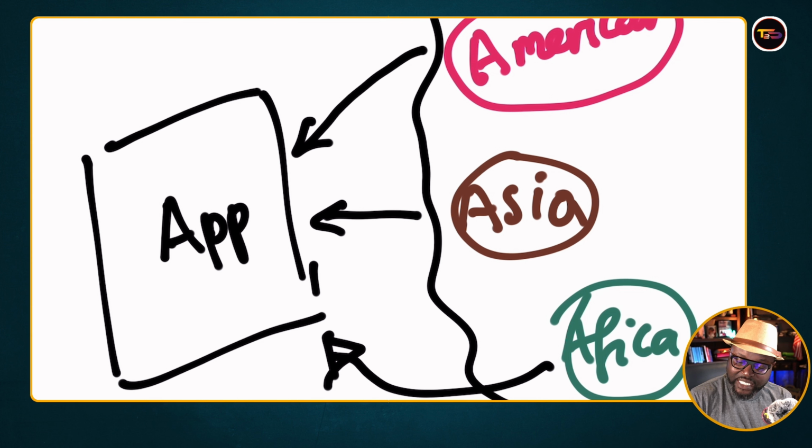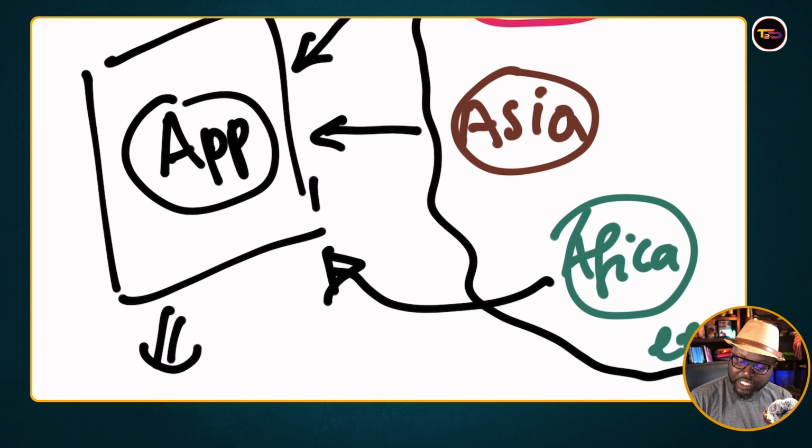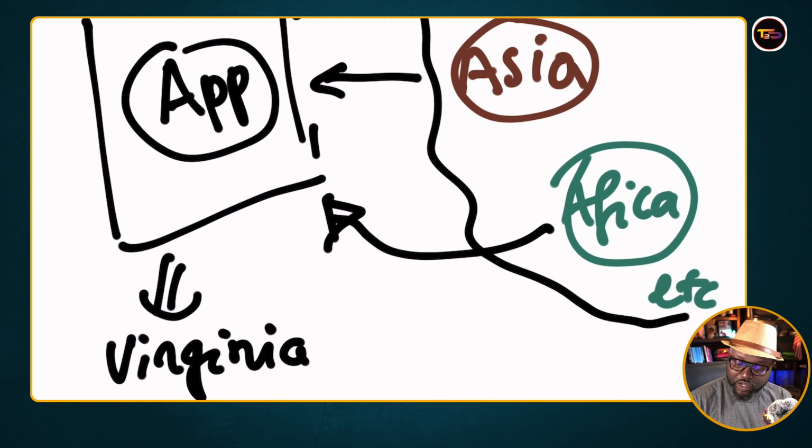Because this application is hosted, let's say here in Virginia, this is where you have hosted your application. It's going to be US East 1 on AWS.